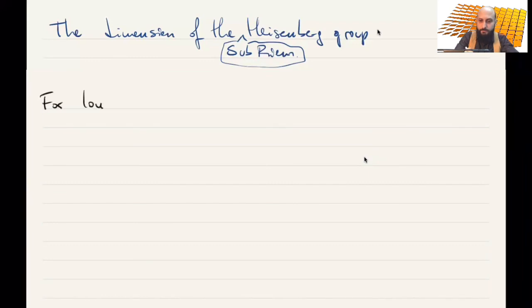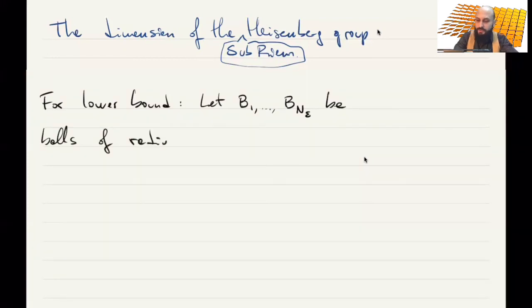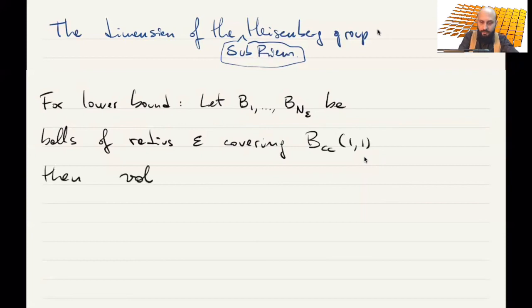For the lower bound, let B_1 through B_n(epsilon) be balls of radius epsilon covering the ball of radius 1. Then the volume of the unit ball is less or equal, since they cover, to the sum of the volumes of these balls B_j.